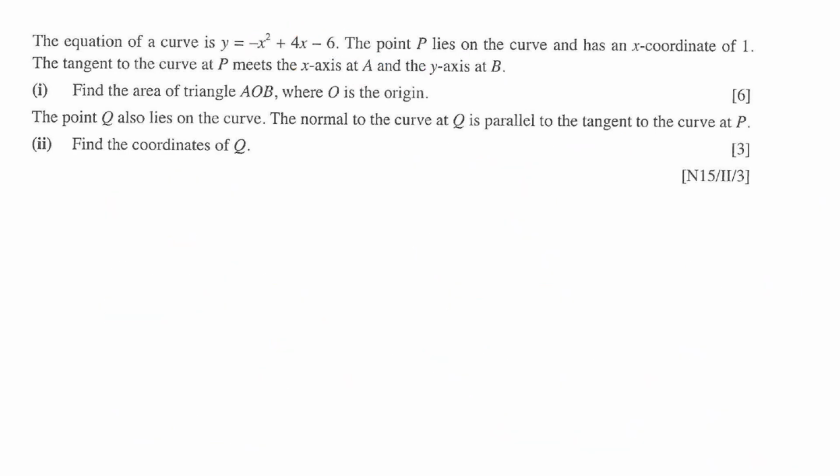In the earlier slide, I actually substituted the y coordinate of B wrongly. The area of triangle AOB should be half times 5, not times 6, because the y coordinate of point B is 5. So half times 5 times the x coordinate of point A, which is negative 2.5, but we ignore the negative because we're finding area. So this will give you 6.25 unit square.